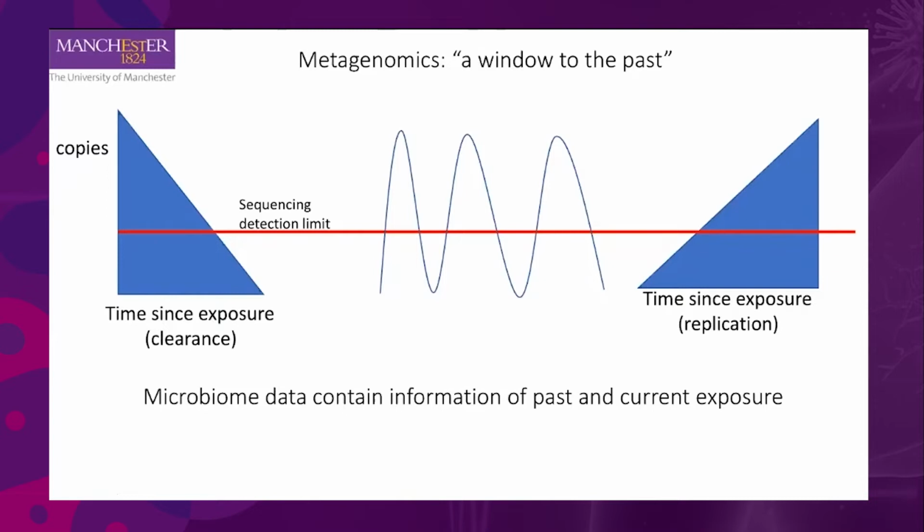But also a species might be in the beginning of its replication activity, so it will start picking up in copies. So whenever we're identifying certain species, at least in the cross-sectional setting, we don't know if it belongs in the one scenario or the second one. And of course, we might have oscillations in the replication activity. For example, this is something that has been demonstrated for bacteriophages.